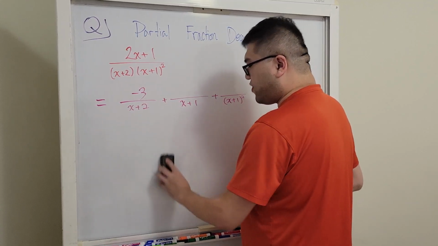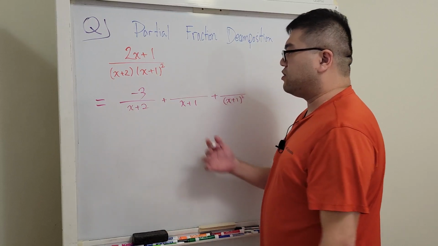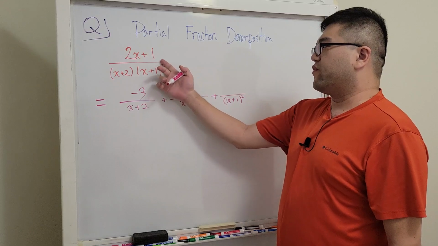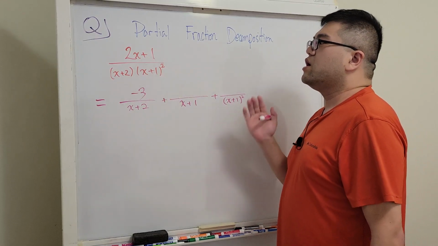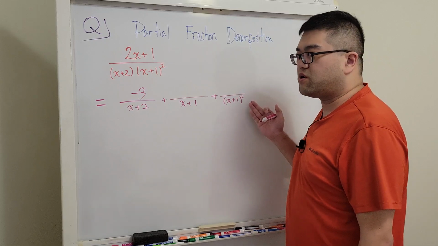So for the covering method, again, we can in fact try to extend it and use it for the terms with the maximum exponents in the original expression. So in this case, we can also use it for the x plus 1 quantity squared term.